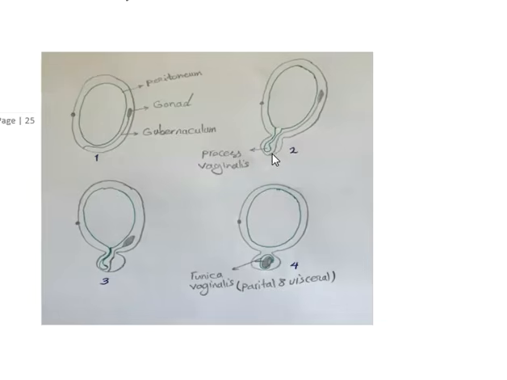And again, this line is the gubernaculum. This process is named processus vaginalis. So processus vaginalis is a process of peritoneum that reached the scrotum and made a sliding plate for descending of the testis.